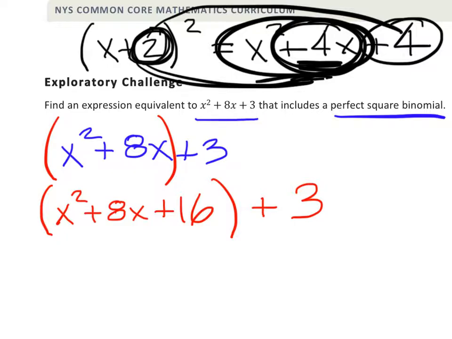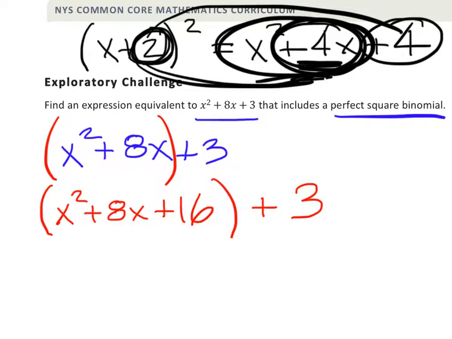But remember, this has to be an equivalent expression. So if I add 16 to this expression inside the parentheses, what do I have to do outside the parentheses to make sure it all stays balanced? I've added 16, but I want to make sure I bring it back down to 0 outside of it.